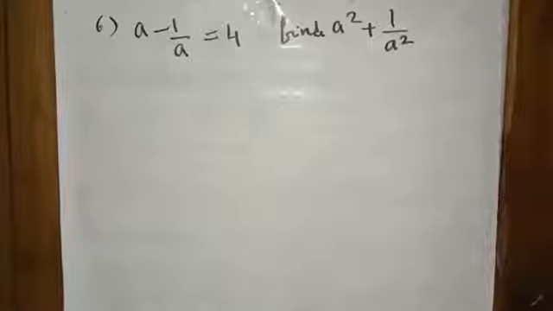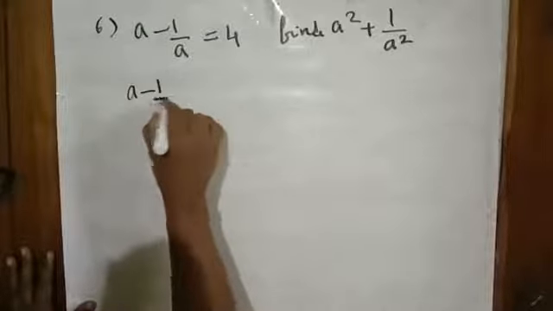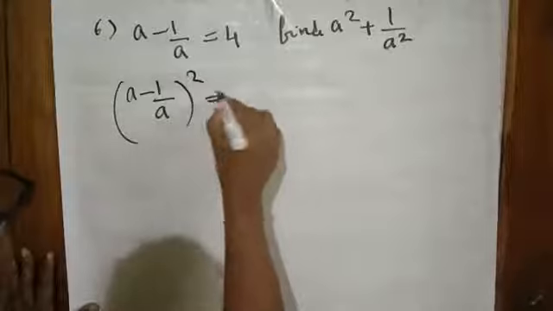Next, question number 6. A minus 1 by a is 4. Find a square plus 1 by a square. How to find this? We know the expansion of a minus 1 by a the whole square. What is a minus 1 by a the whole square?